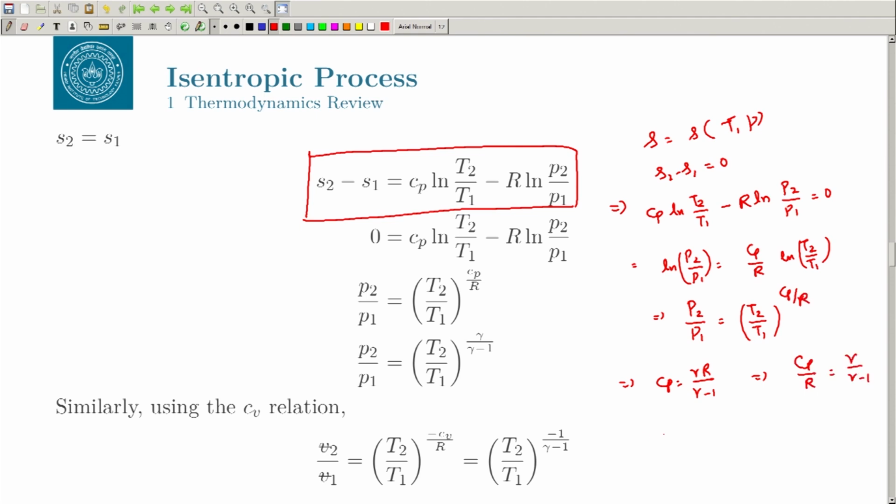So, then P2 by P1 will be equal to T2 by T1 to the power gamma by gamma minus 1.